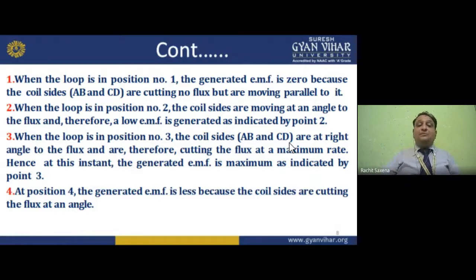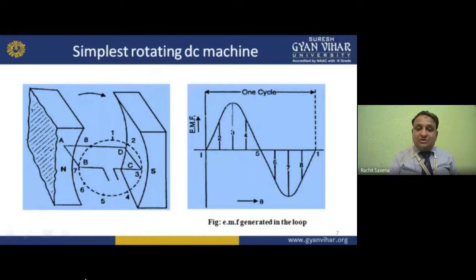Now when the loop is in position number 2, the coil sides are moving at an angle to the flux, and therefore a low EMF is generated, indicated by number 2. In 1 we are getting no flux, it is parallel, but in 2 it is too small. In 3 we are getting the maximum.